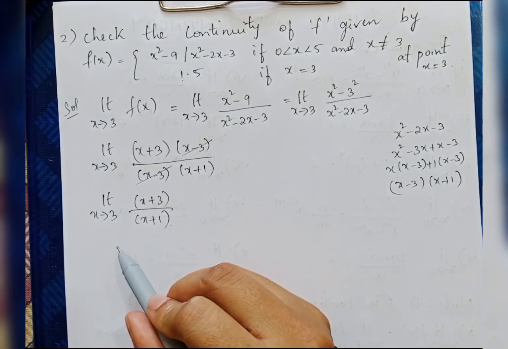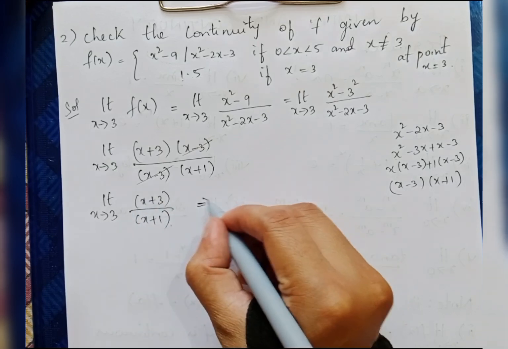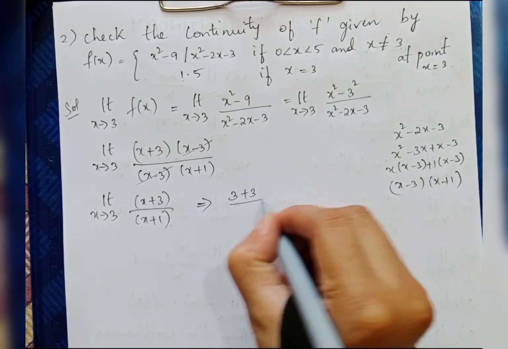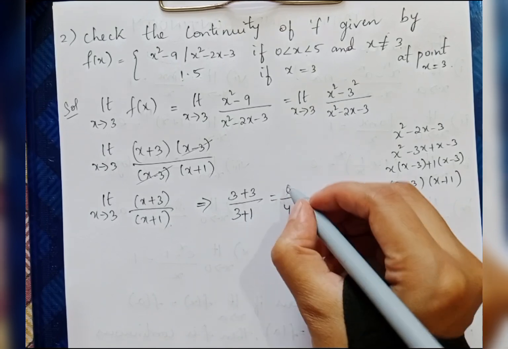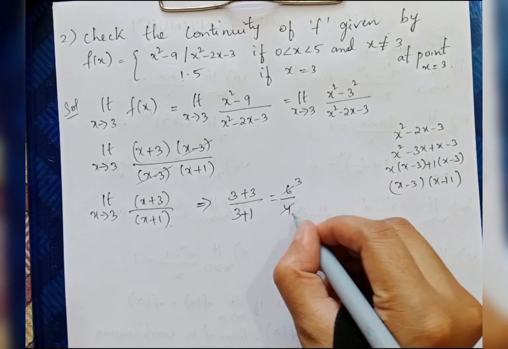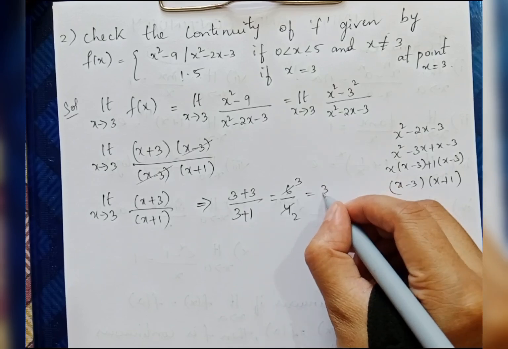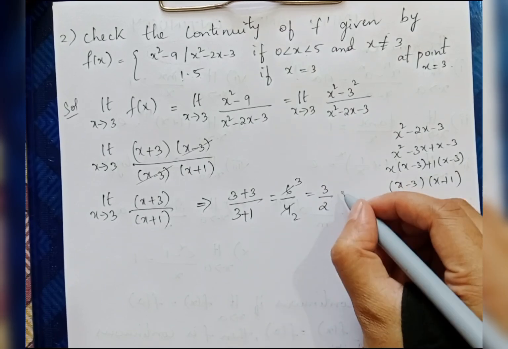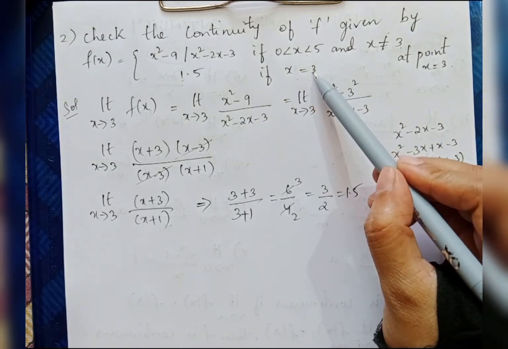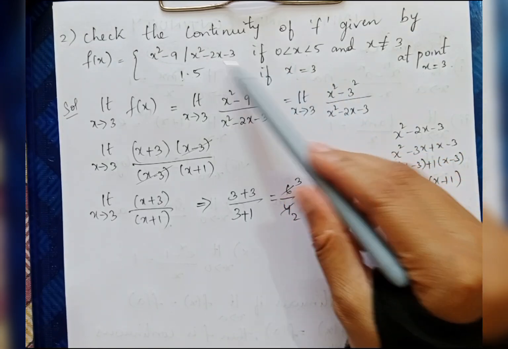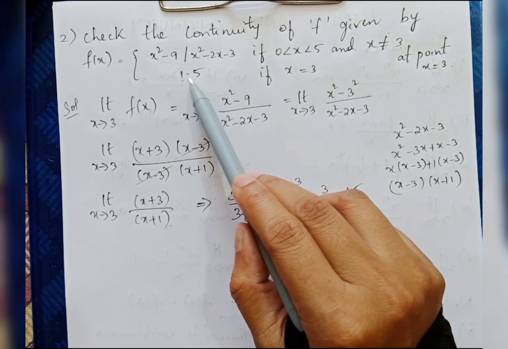Now we have to substitute the value of x in this equation as 3. So it will be 3 plus 3 by 3 plus 1, so it will be 6 by 4. So it is 3 twos, 3 by 2. When we divide it, we'll get 1.5, which has already been said in the question, that at x equals 3 the value should be equal to 1.5.